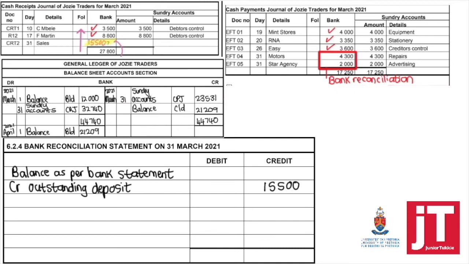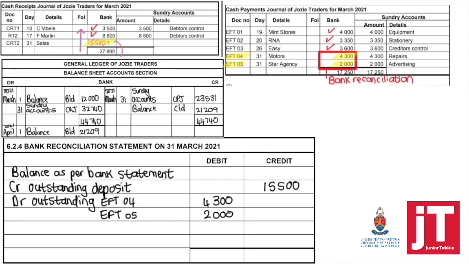Now we need to look for, was there any outstanding EFTs? Yes, we've circled that. We had 2 outstanding EFTs. It will always appear on the debit side. Why? Because on my bank statement, all payments will appear on the debit side. So on the debit side, EFT number 4, 4,300, and then EFT number 5, 2,000. In this activity, there were no errors made by the bank.